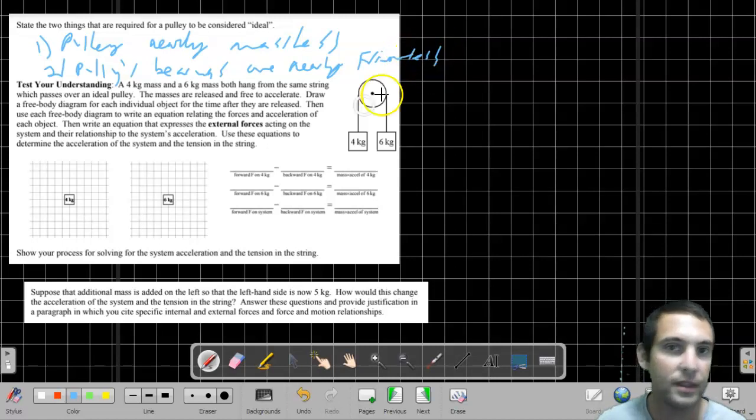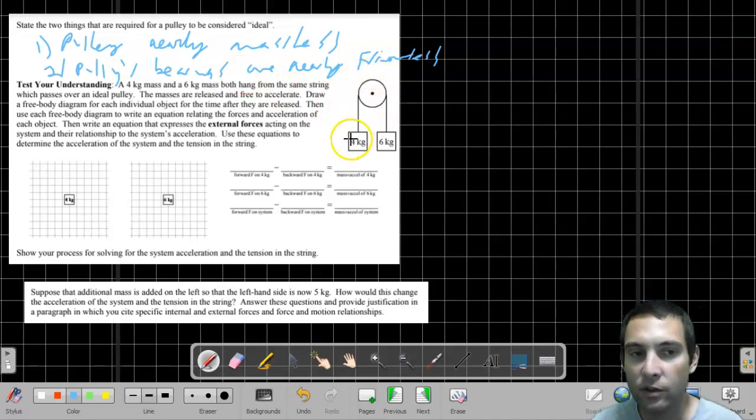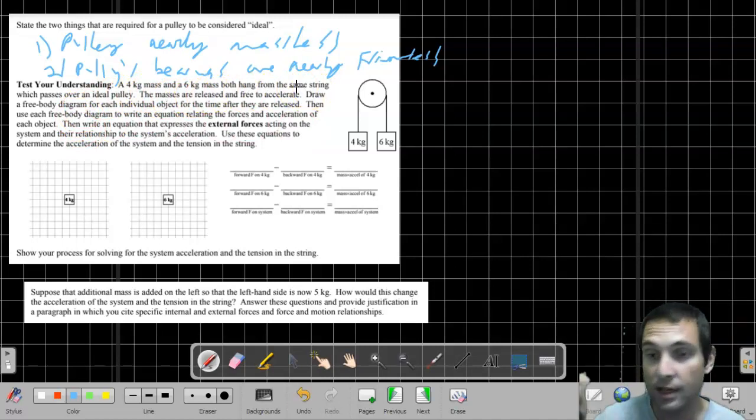Frictionless. Okay, so we have an ideal pulley Atwood's machine here. We're really good with these by now, right? As soon as I see pulley, string, mass, all that stuff, that means forces.